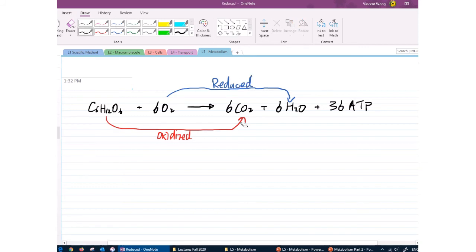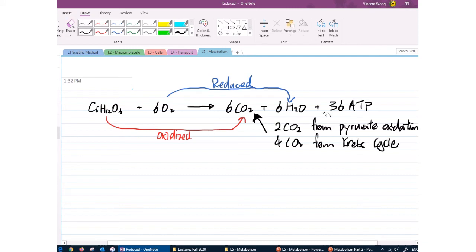Okay, so the 6 carbon dioxide, just to help you review: 2 carbon dioxide will be from pyruvate oxidation, which is step 2 of cellular respiration, and then you will have 4 more carbon dioxide created from Krebs cycle.